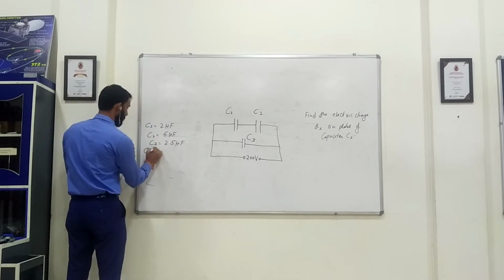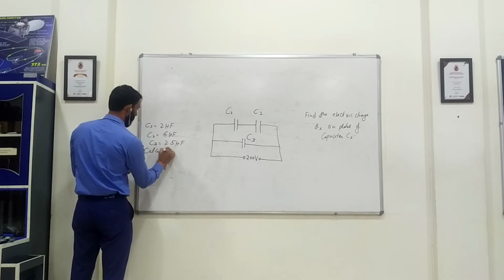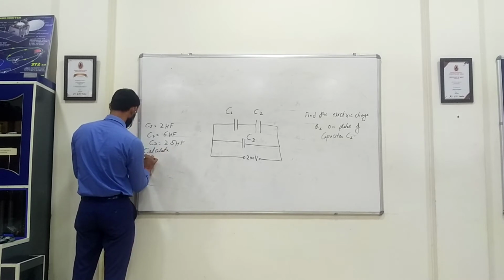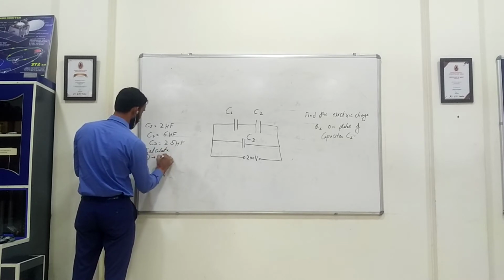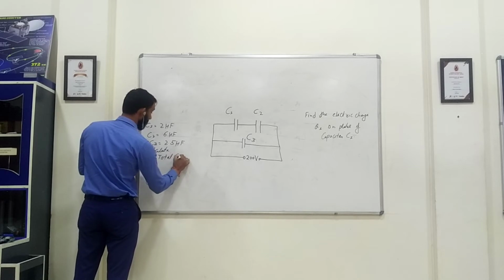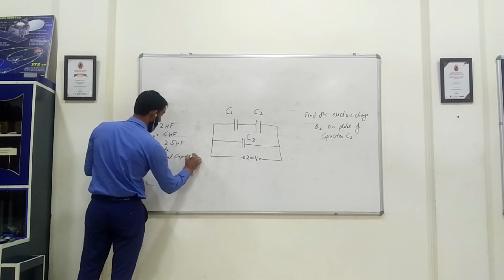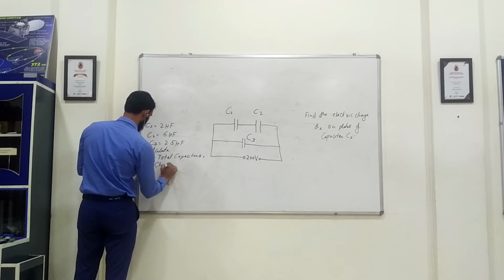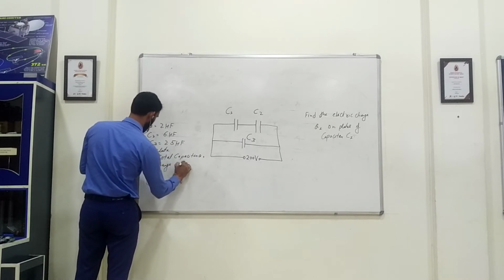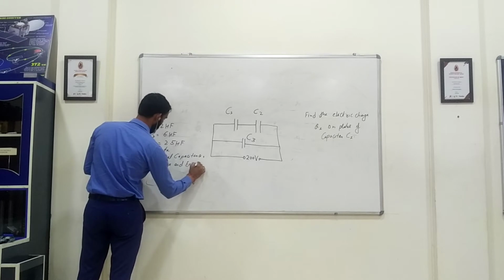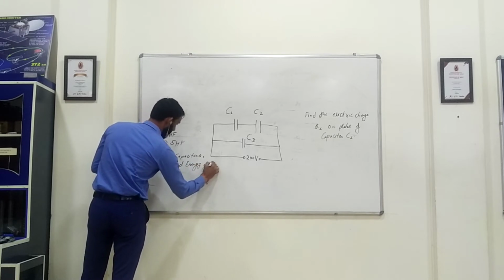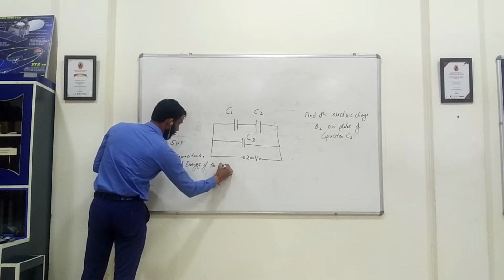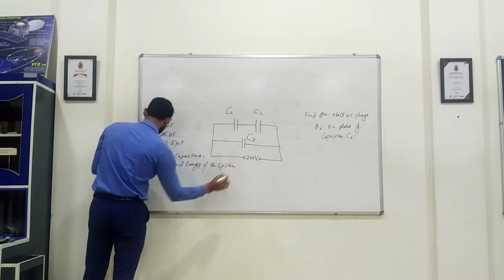Now they are asking us to calculate, what all we have to calculate. The first part is total capacitance, charge, and energy of the system. This is the first part.